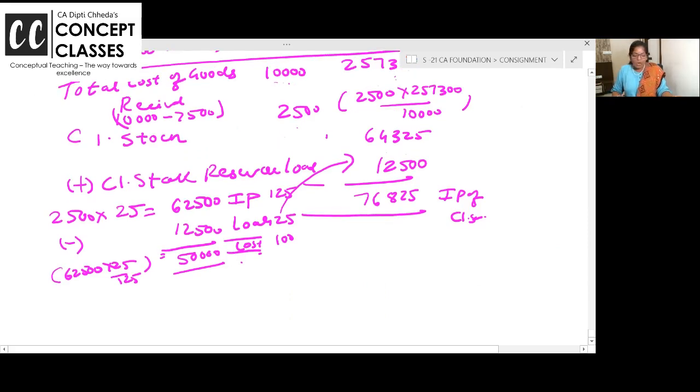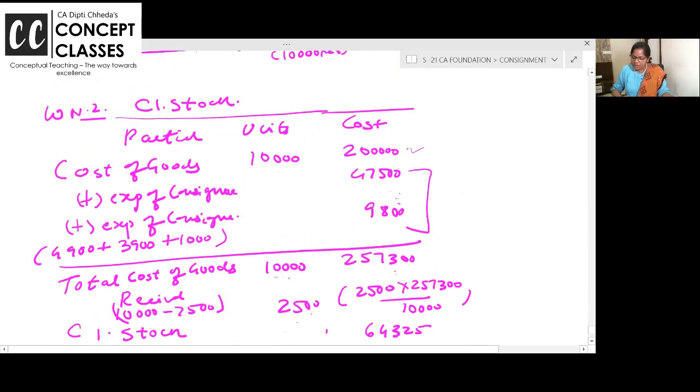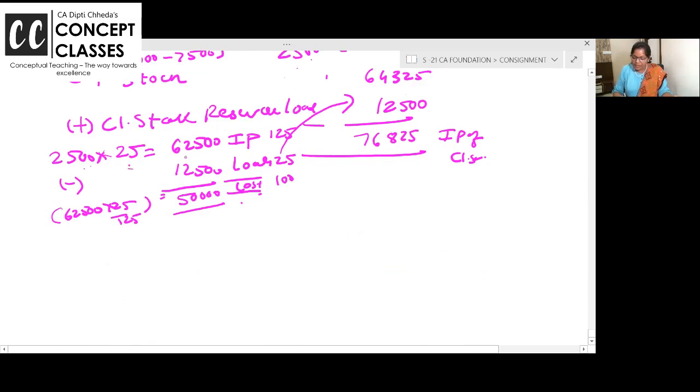Done. Now, how much is the loading now? 2,500. Okay, correct. 2,500 when we have sent for 25, 25 may include hai na? These goods are sent at 25 invoice price. Correct only. 62,500 is the invoice price of the closing stock, which is 125. So 125 में 25 loading है, तो invoice price में कितना loading है? We have reversed. So we are getting 12,500. Okay, right.